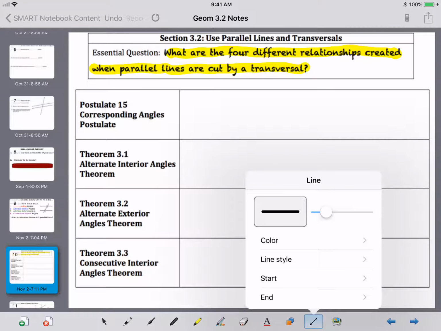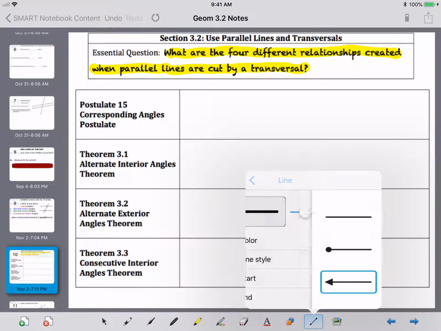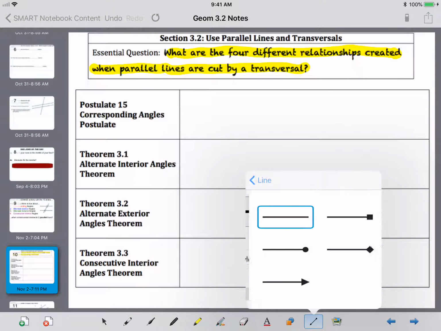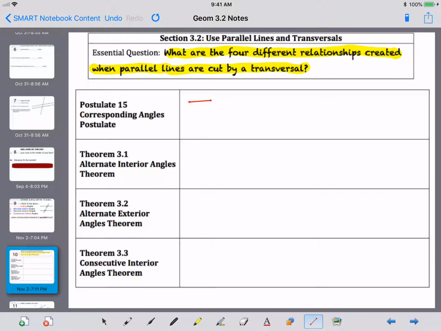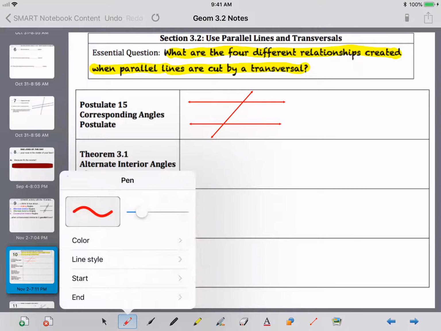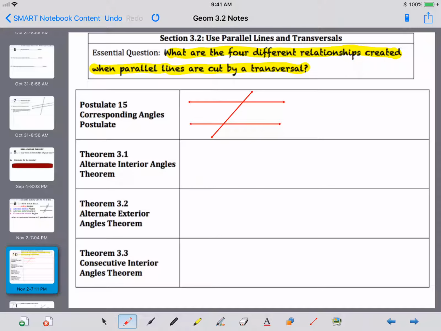So let's start out right here by creating a couple of parallel lines. Let's make these red. And we're going to draw two parallel lines here, and then we're going to cut them with a transversal. If these two lines are parallel, remember we should put some arrows on these to show that.